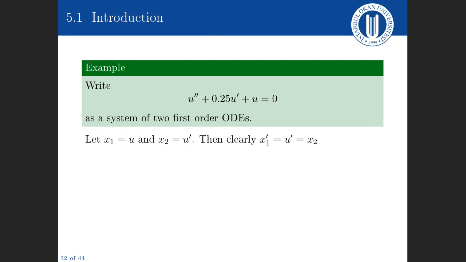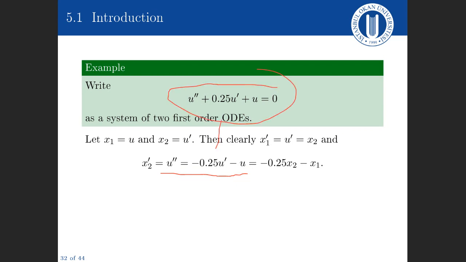Then clearly x1 prime is x2, and from the differential equation, u double prime is minus 0.25 u prime minus u. That's just the differential equation rearranged. So we get x2 prime, or u double prime, is minus 0.25.